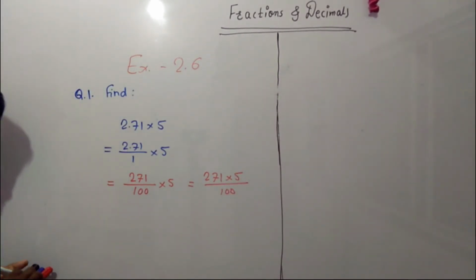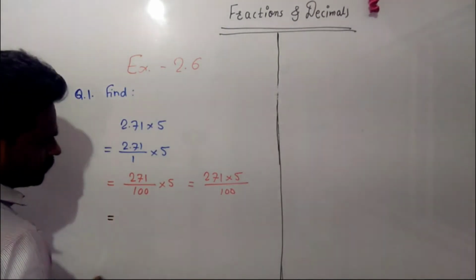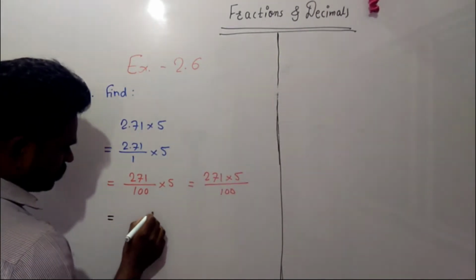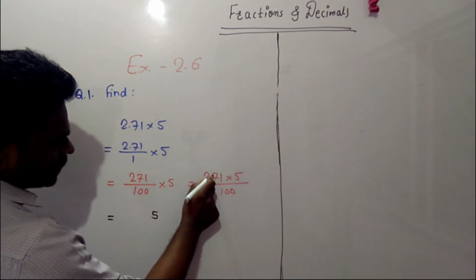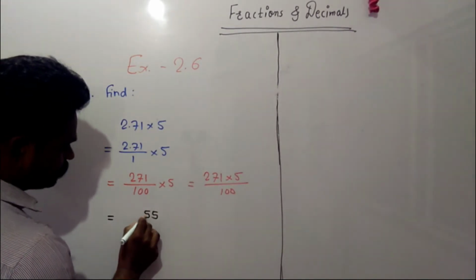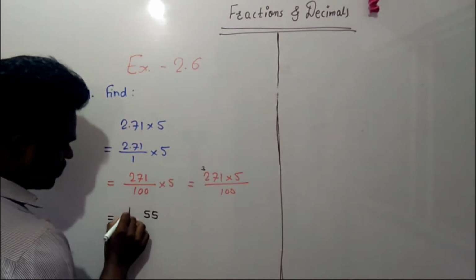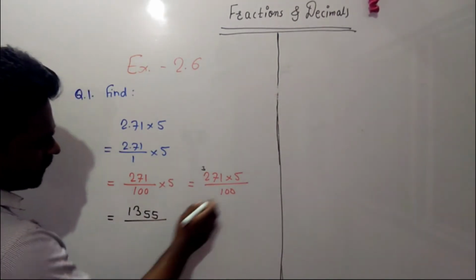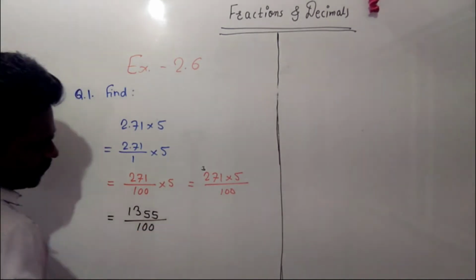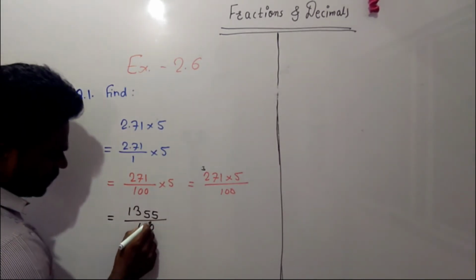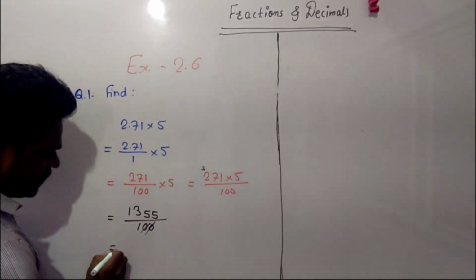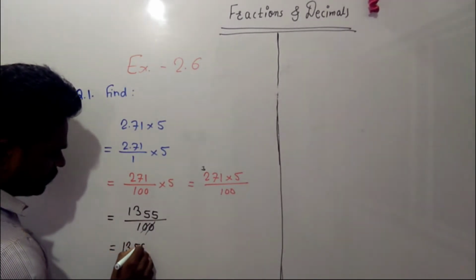No problem. So it is equal to, now 5 ones are 5, 5 sevens are 35, 5 twos are 10 plus 3, 13 divided by 100. No problem. Now if you cancel this 1 0 and 2 zeros, you will get the answer 13.55.